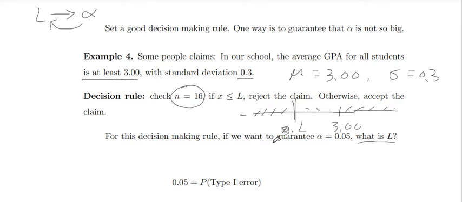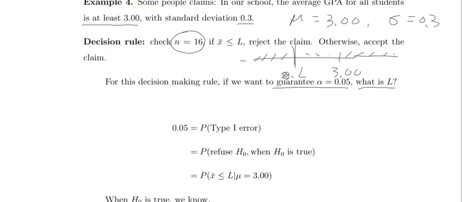If we want to guarantee alpha is 0.05, or use this cut point to make a decision, the chance of our mistake is at most 5%. We want to guarantee this. So such a problem means we know alpha, and we want to find a cut point.